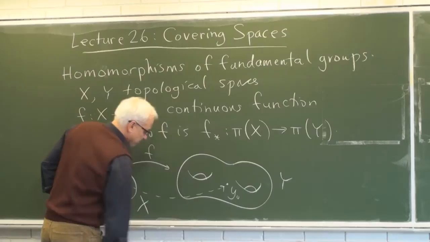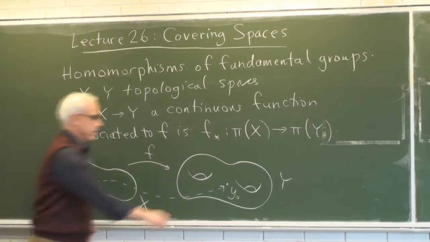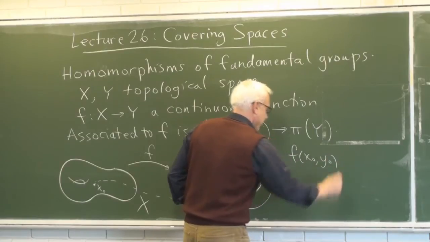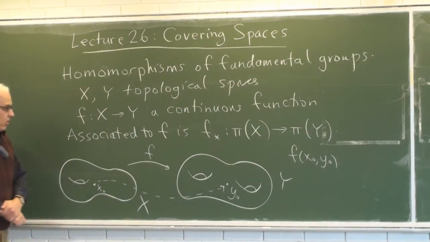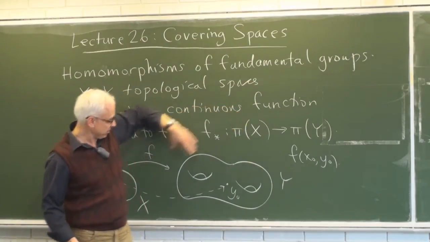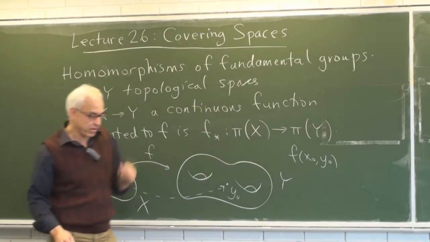So it sends one base point to the other. All right, then how are we going to construct a map from the fundamental group at x0 to the fundamental group at y0?